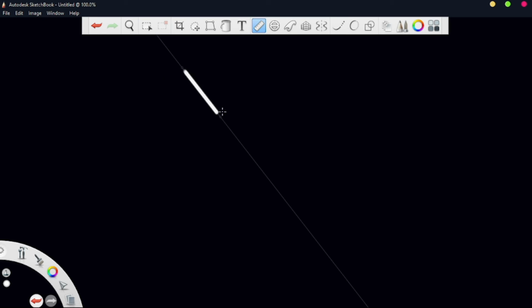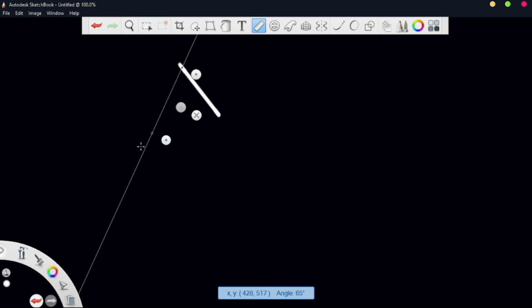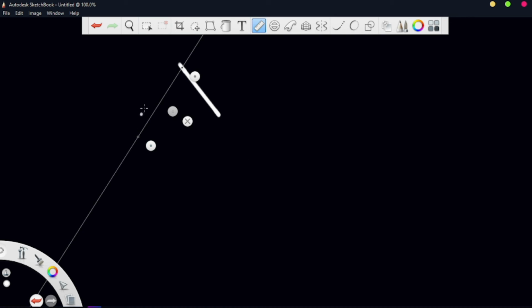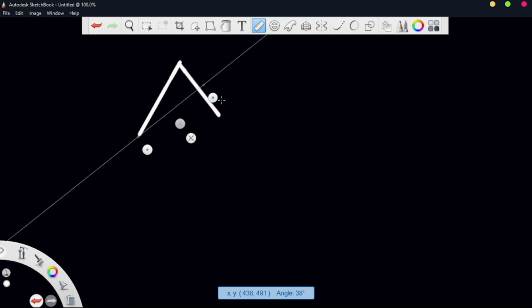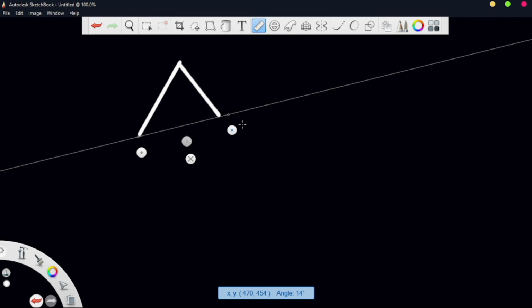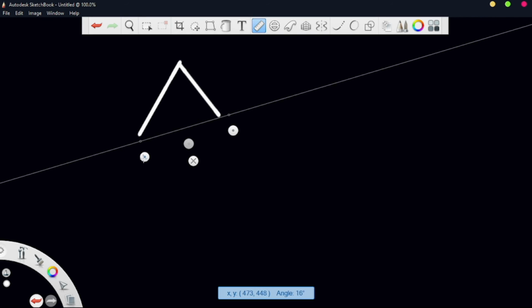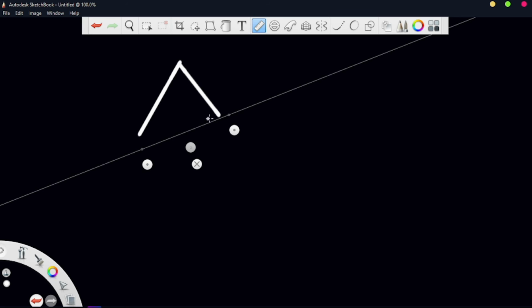Let's say we have got another triangle, and then it's got a very large slope, and a little bit downwards.